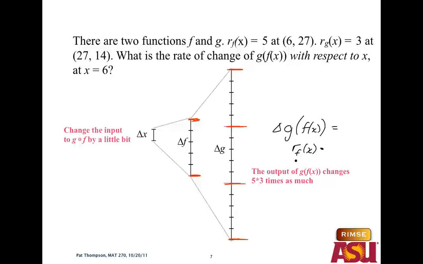Times, and that was our 5, times the rate of change of g with respect to f, and that was 3, times delta x. So the change in g is going to be 15 times the change in x. The 5 came from the rate of change of f with respect to the initial input x, and the 3 came from the rate of change of g with respect to its input, which was the output of f.